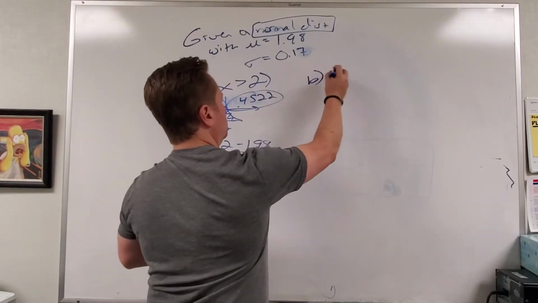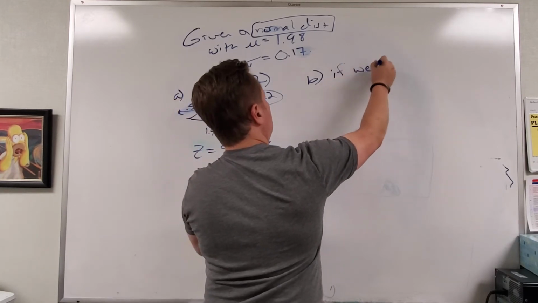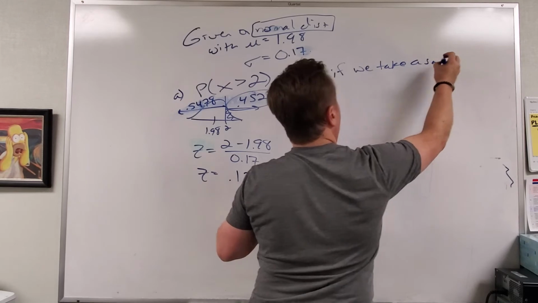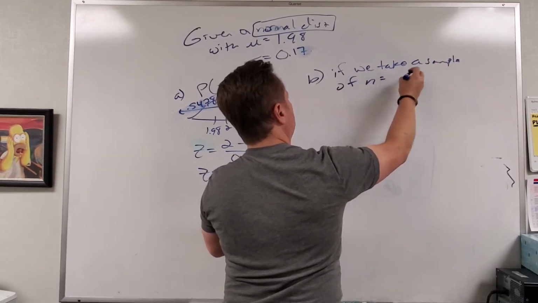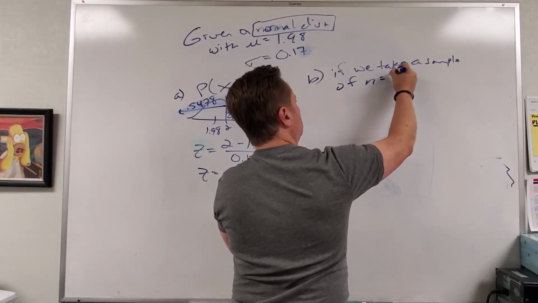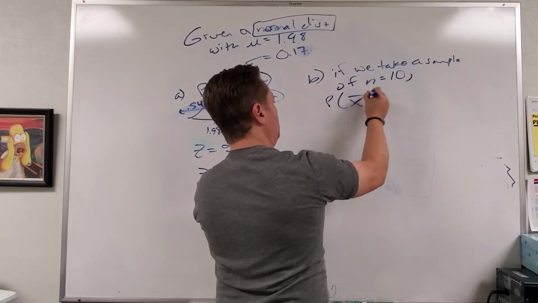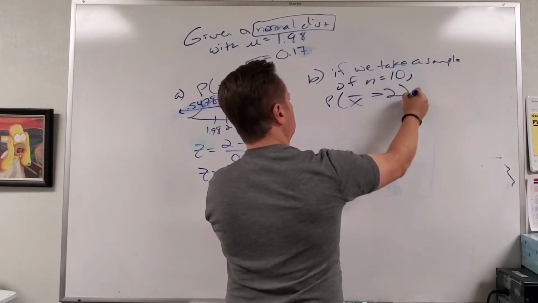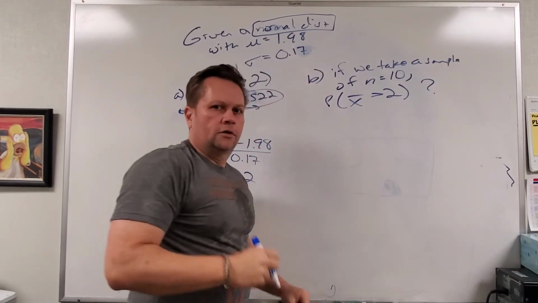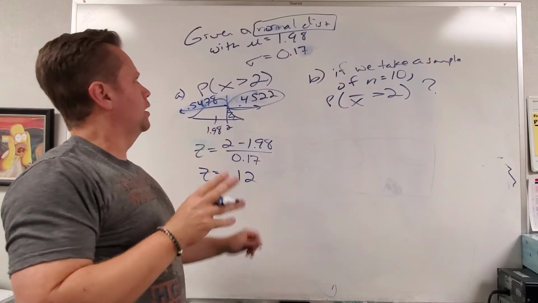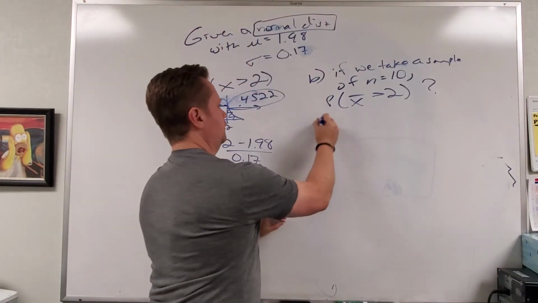Here would be the new one. If we take a sample of n equal to, let's do 10, what's the probability that the sample mean will be greater than 2? So, a couple things. How do I know when I have to use this formula?